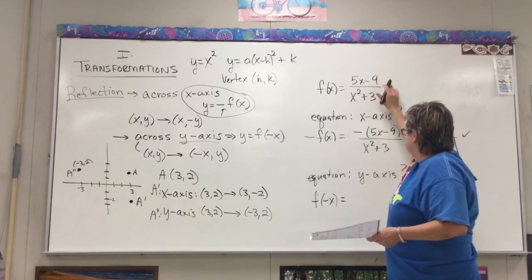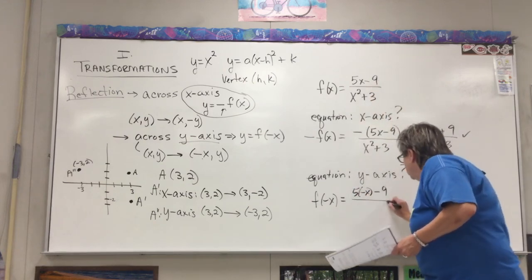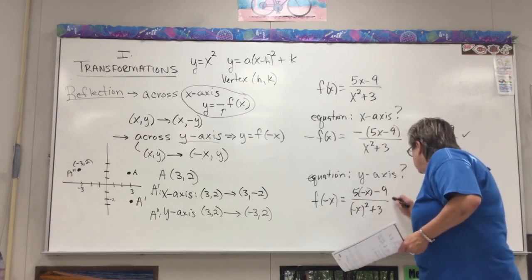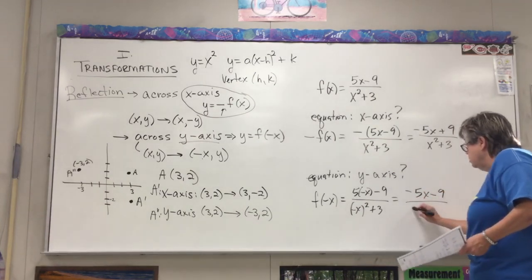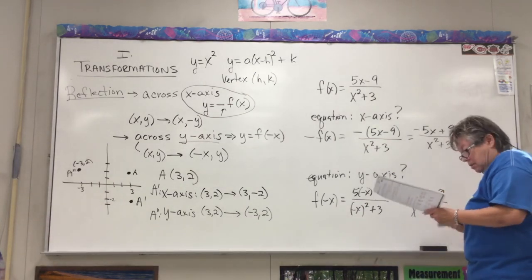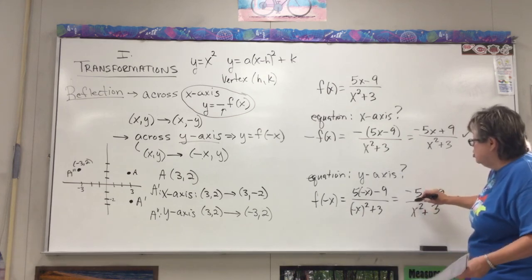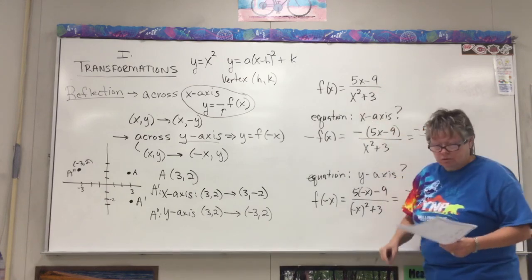Using this first equation, 5 times negative x minus 9 all over (negative x) squared plus 3. So we'd have (negative 5x minus 9) all over (x squared plus 3). Graphing this new equation, it should reflect across the y-axis from our original.